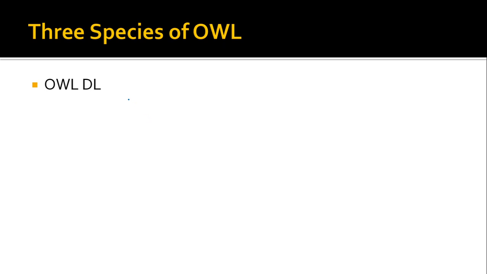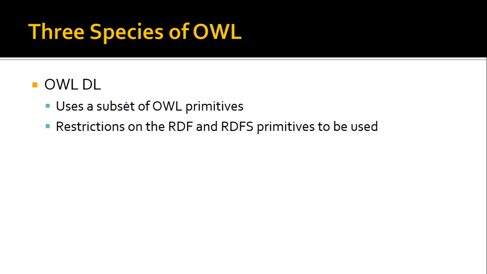OWL DL basically follows the description logic formalism. OWL DL consists of a set of constructs which is a subset of the constructs which you have seen in OWL Full. So you can say that OWL DL is a subclass of OWL Full.